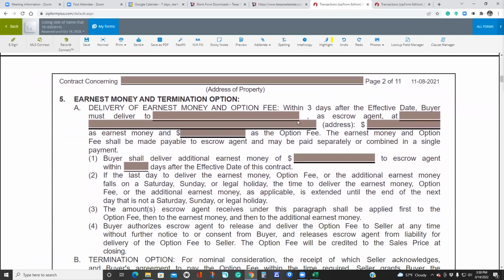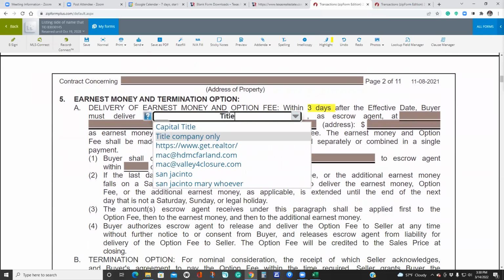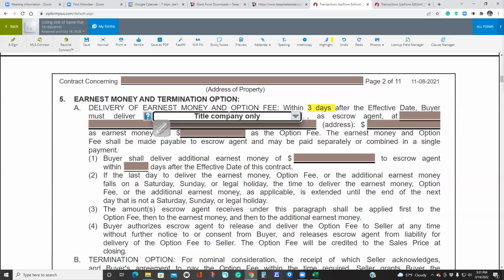On 5A, we have delivery of the earnest money within 3 days, and 3 days being the key. This is the title company only. Some of you won't get that, but that's a big deal.